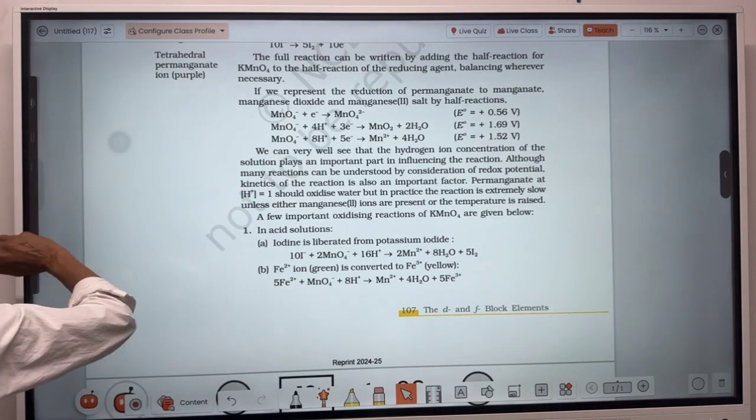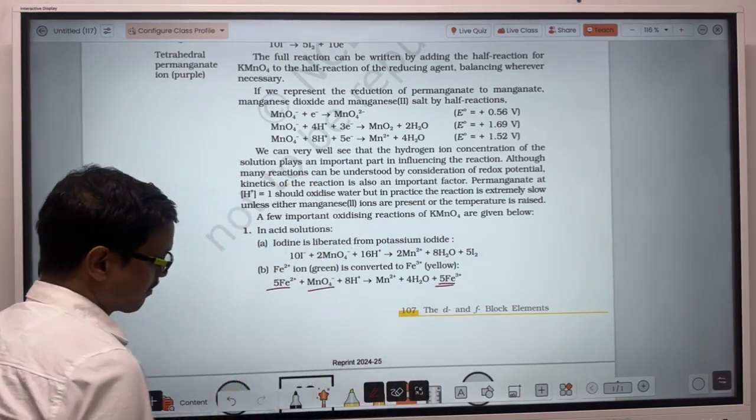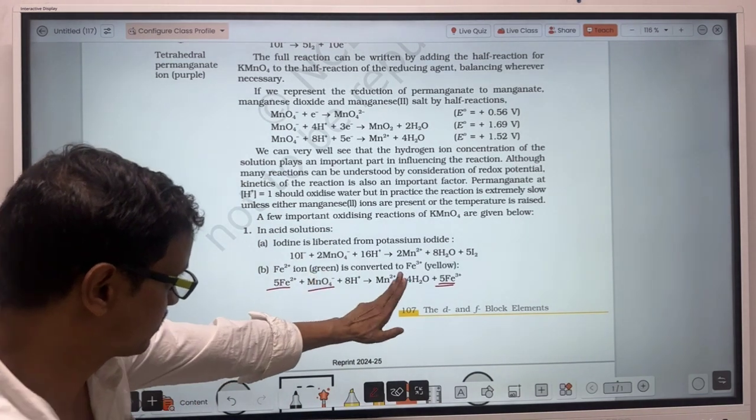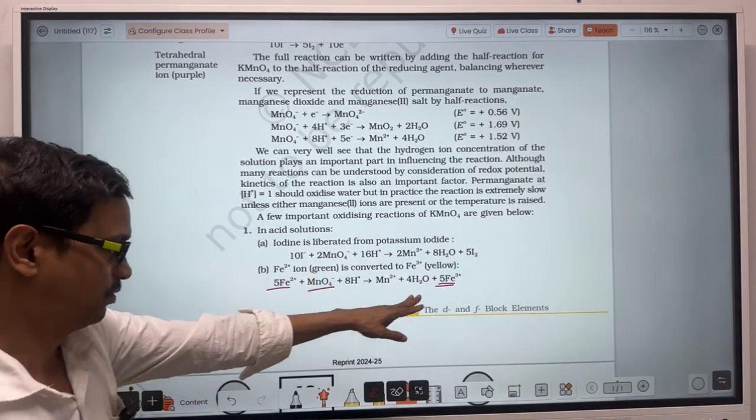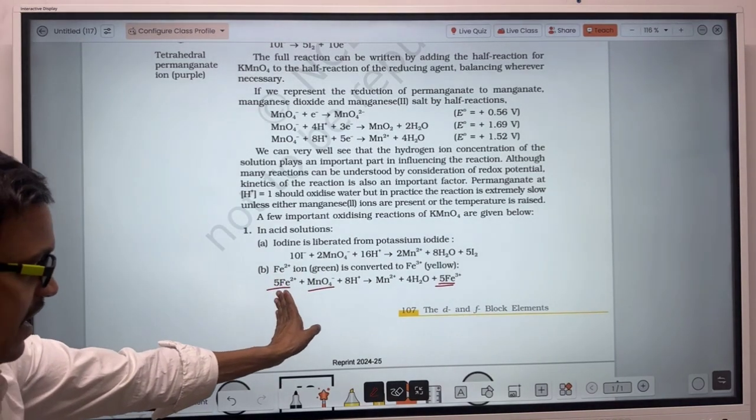Obviously here Fe2 plus is oxidized into Fe3 plus, and MnO4 minus is reduced to Mn2 plus. The remaining hydrogen you will balance with water. You will have to balance the charge first, like Fe3 plus.